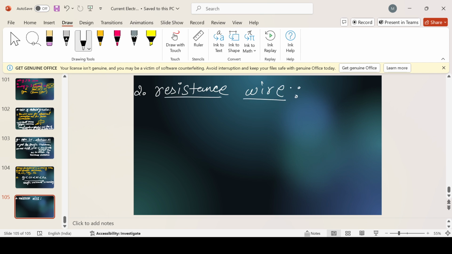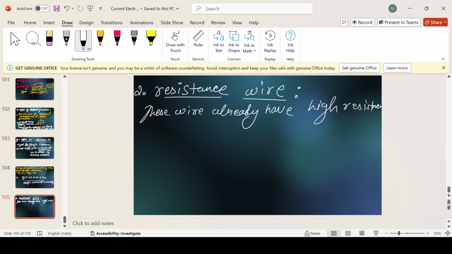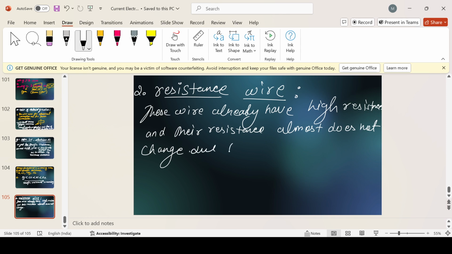These resistance wires already have high resistance, and their resistance almost does not change due to change in temperature. Just remember it, change in temperature.